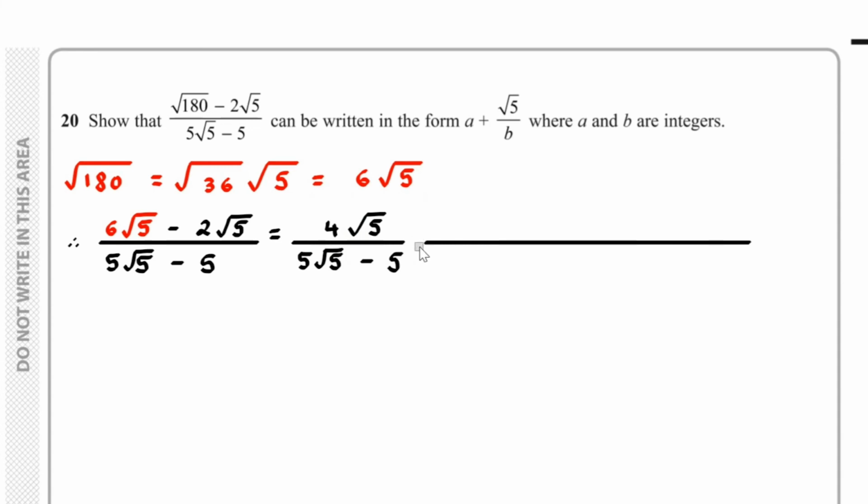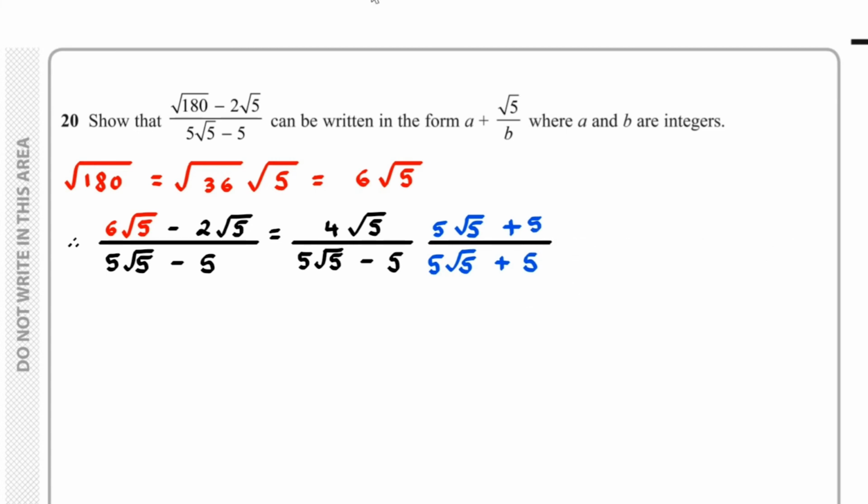Now what we need to do is multiply the top and bottom by the conjugate of the bottom. So we need to multiply the top and bottom by 5 times the square root of 5 plus 5, over 5 times the square root of 5 plus 5. It's as though we are multiplying through by 1.